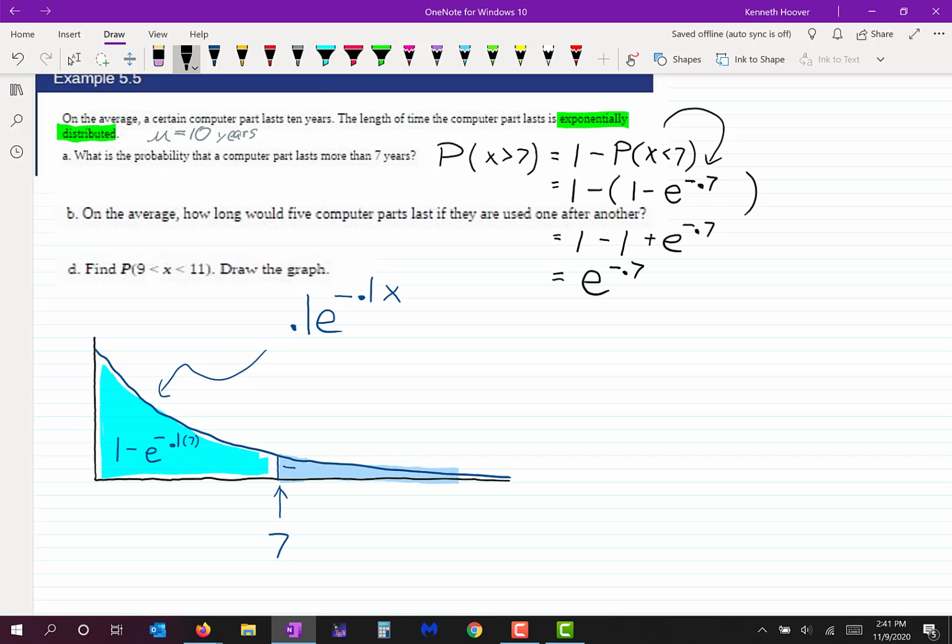Calculate that on a calculator. E to the power of negative 0.7 comes out to be approximately 0.497, so almost exactly a half.